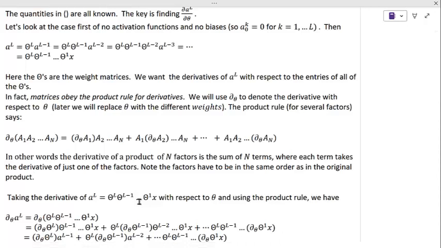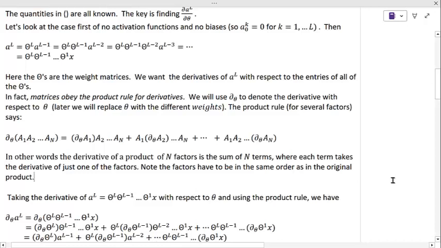All right, now let's take the derivative of A_L, which is this product of matrices times x. Now, x is a constant because that's your features. It doesn't change with the neural network parameters. So I'm going to take the derivative with respect to some generic parameter and use the product rule.